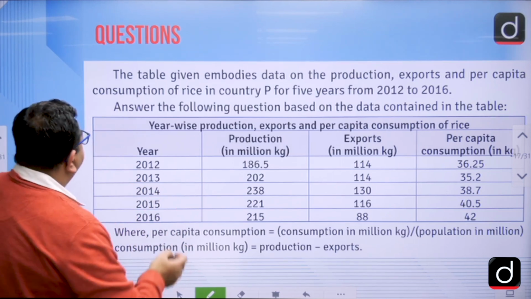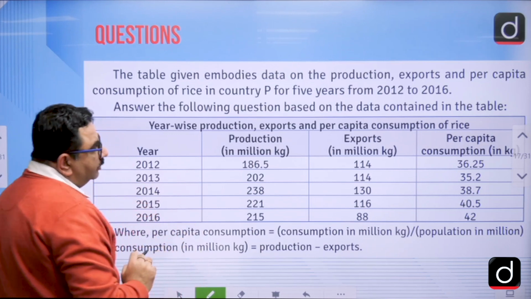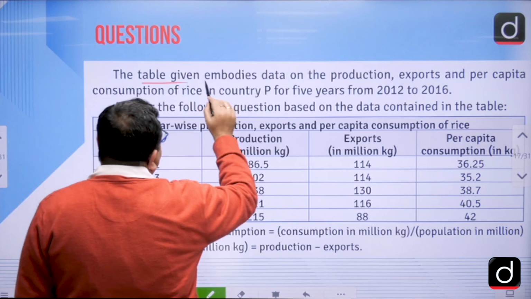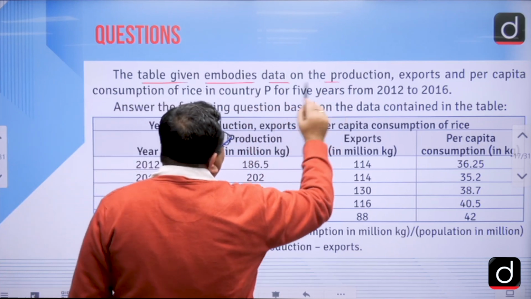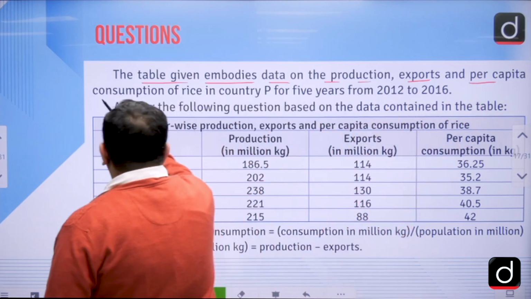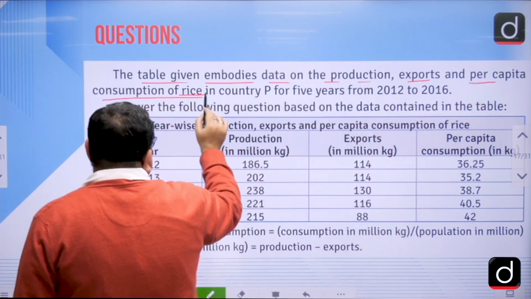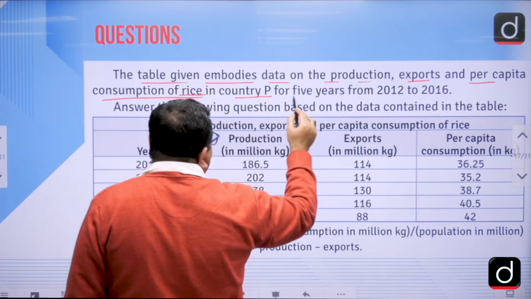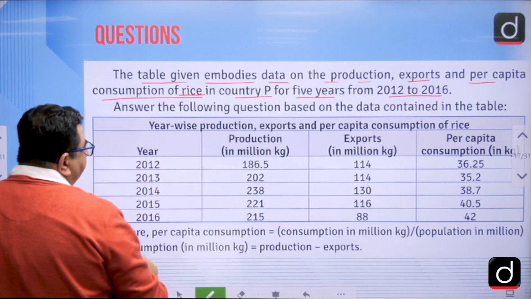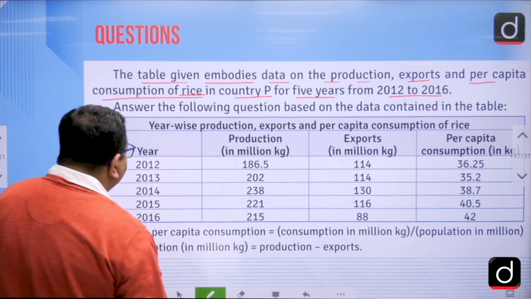In this, let's read the instructions. First of all, the table given embodies data on the production, exports, and per capita consumption of rice in country P for 5 years, from 12 to 16. These are 5 years for country P, year-wise.